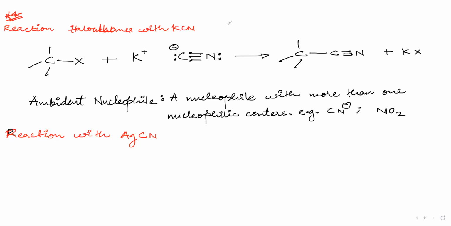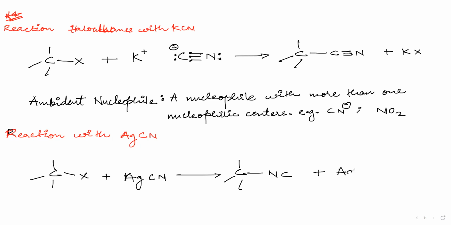In the reaction with AgCN, the opposite happens. We have R-X plus AgCN, and in this AgCN, the carbon is here and it is attacked by nitrogen, and we get NC plus AgX.